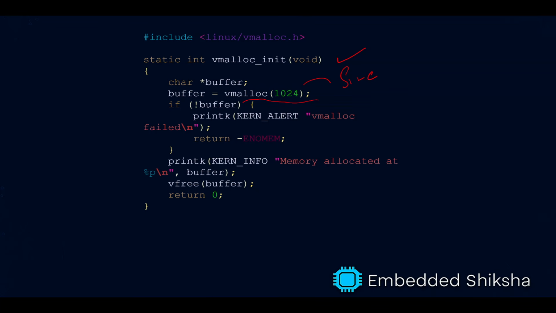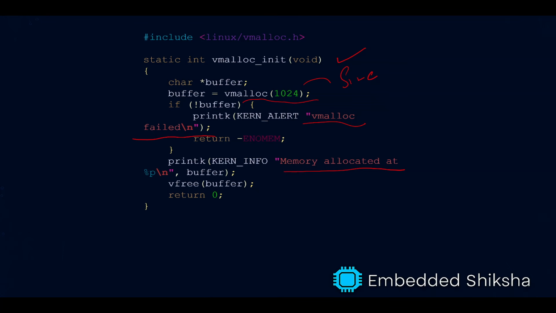If the allocation is successful, then I am printing the address which is returned by the vmalloc API, the memory allocated at that particular address. If it doesn't get allocated for some reason, I am just printing the error, vmalloc failed.